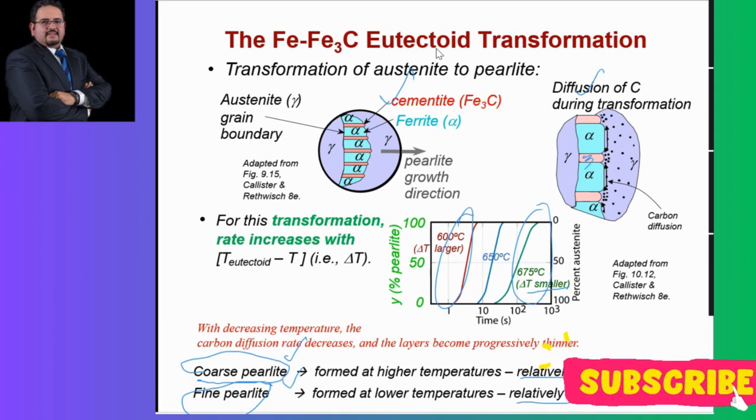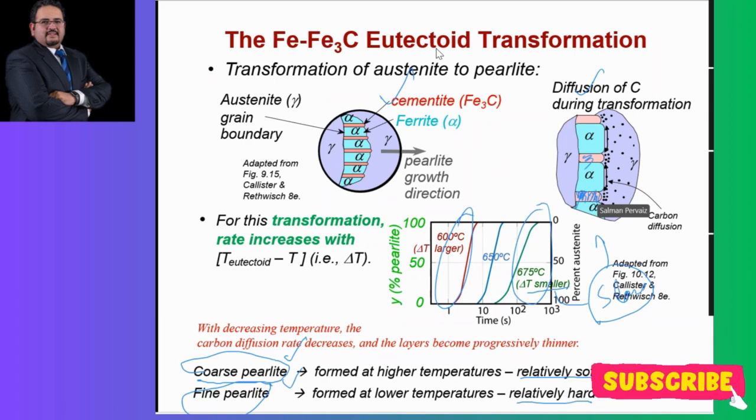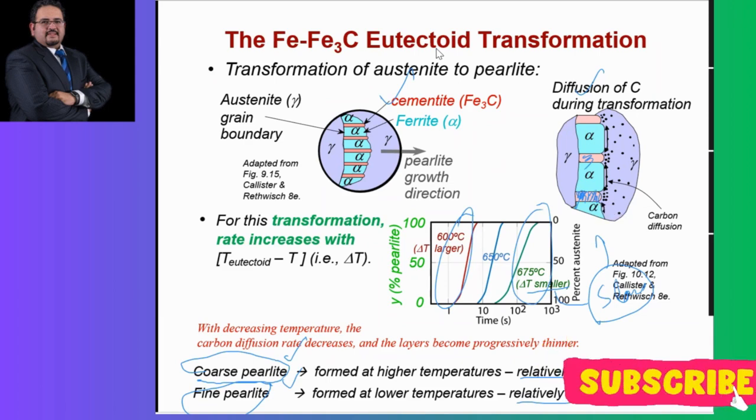That's true. That's very true. Always link this with the time, because this is slow. Slow means that you are giving more time for diffusion, right? Which gives a coarse pearlite, with thicker lines for the cementite. For the faster one, you don't give enough time, so these lines are thinner, right? So yes, that's true.